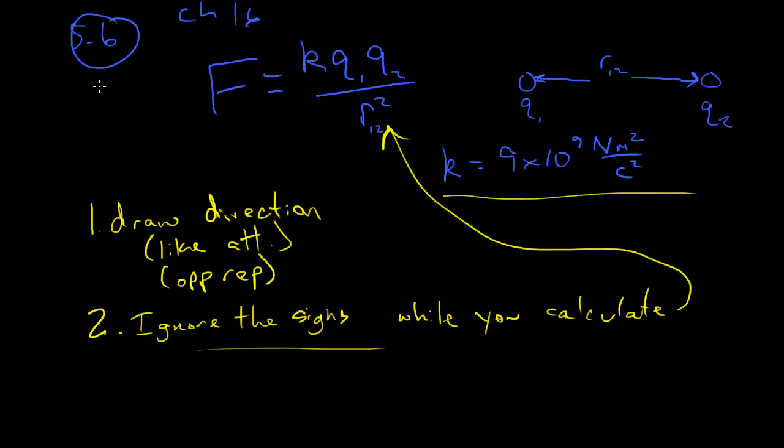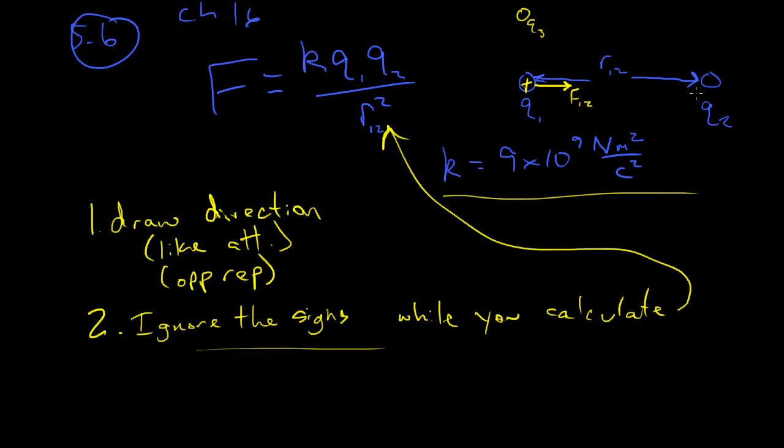You do need to understand superposition, which you know from 105. If you have two forces that act on an object, then you just add up the forces. It's the same thing with these objects that we're talking about. If I add a Q3, then Q1 will feel a force, let's say that it's attracted to Q2. So that's F1,2.